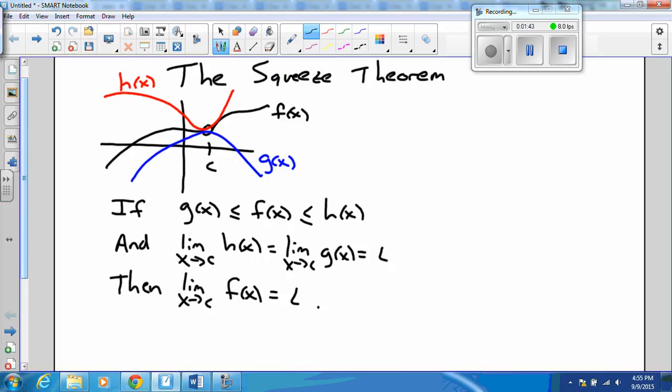The intuitive reason for this is simply that f is always trapped between h and g, so that if h and g both go to L at c, then f is squeezed between the two and must go to L as well.